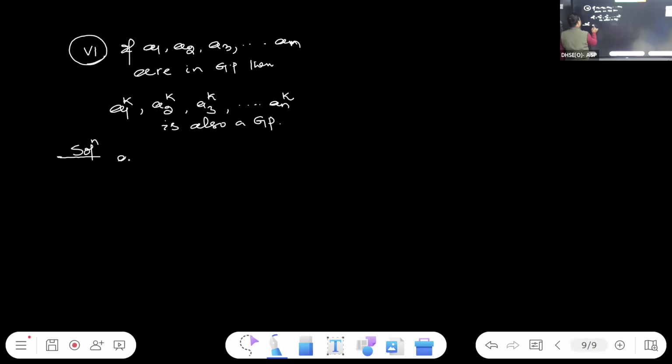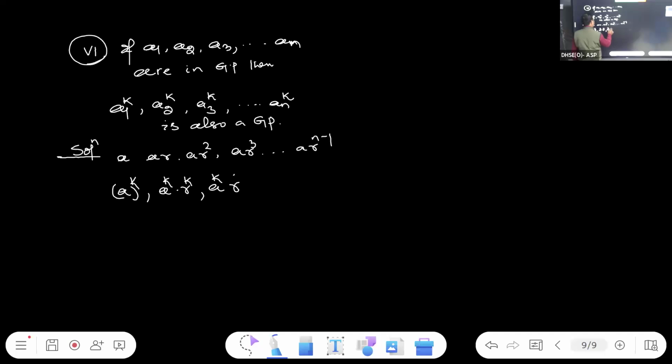Let us consider the GP a, ar, ar², ar³ up to ar^(n-1). Now, taking the kth power of each term of the GP, the first term will be a^k, the second term will be a^k r^k, the third term will be a^k r^(2k), then a^k r^(3k), up to a^k r^((n-1)k).